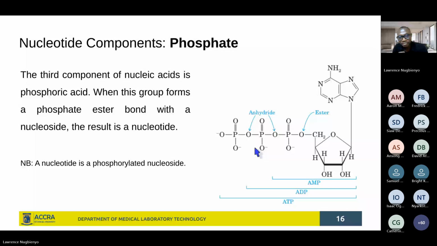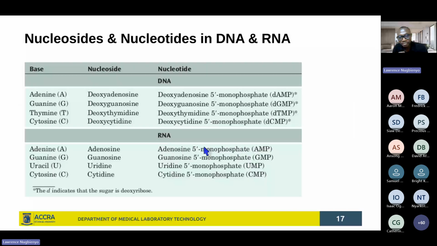Right. So if we summarize all of these and we take, say, the nucleotides that can be present in DNA and the nucleotides that can be present in RNA, then we will see that we have 4 bases that can be present.